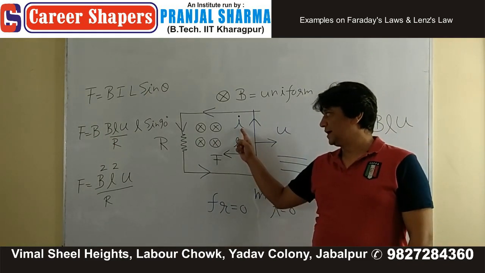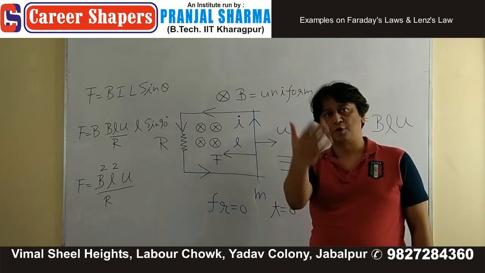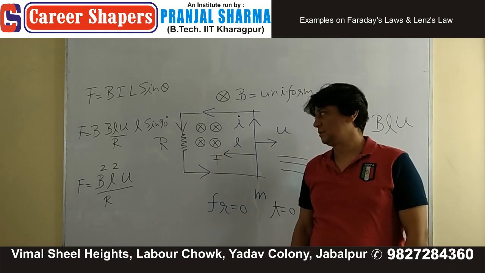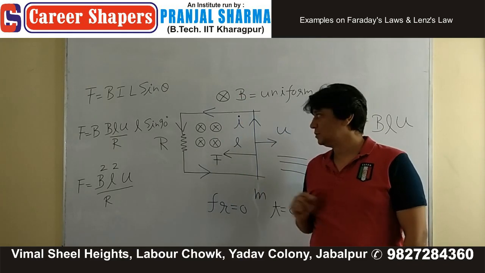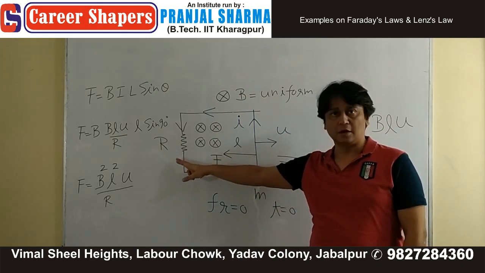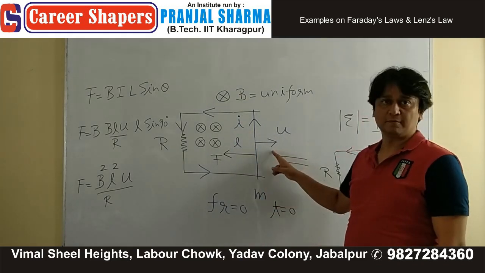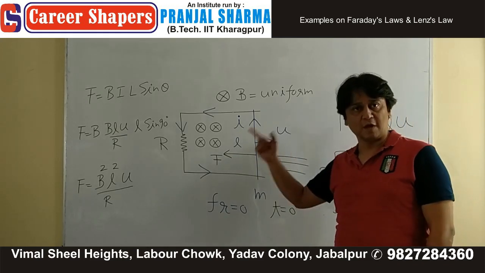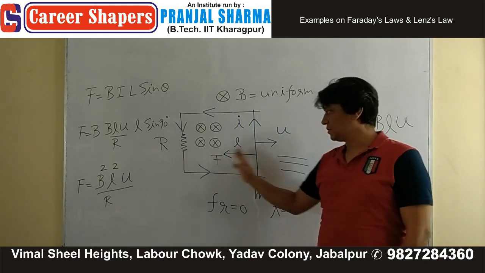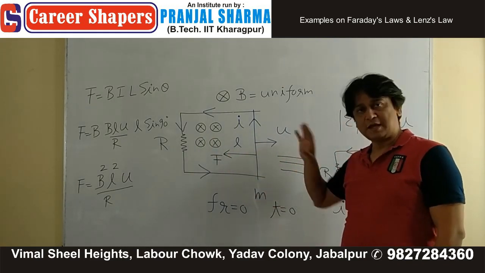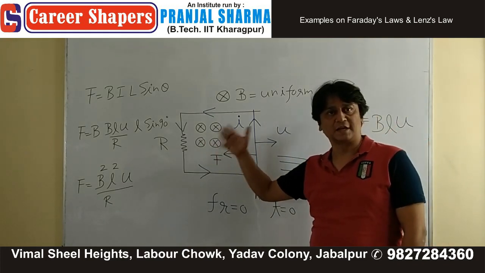You can see that a current is flowing in the resistor, and which produces what? Heat. This is coming from power, which we have done in electric circuit. Because of the current, heat is coming out. And the current is present as long as this rod is moving. Rod is moving, which is producing what? EMF, which is creating the current, which is producing heat. So when the rod stops finally, EMF becomes zero, current becomes zero, and no longer heat is coming out.